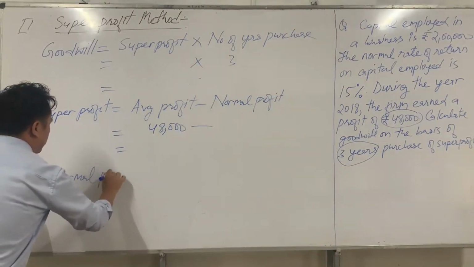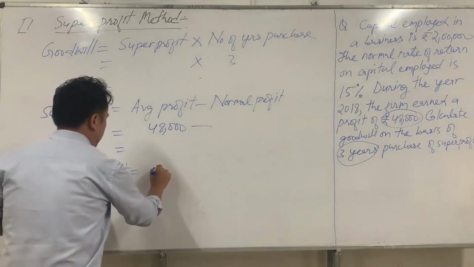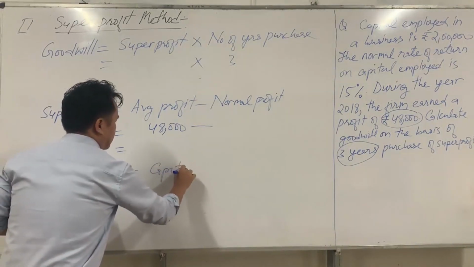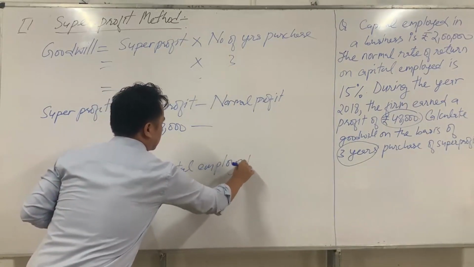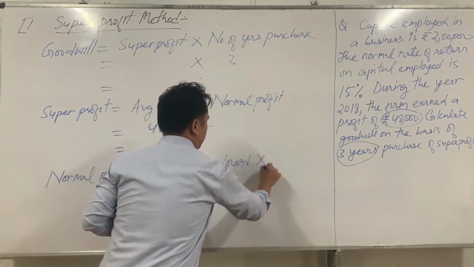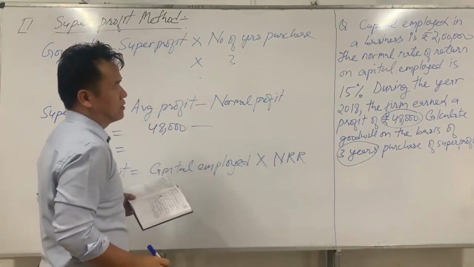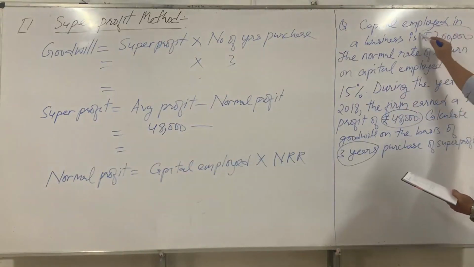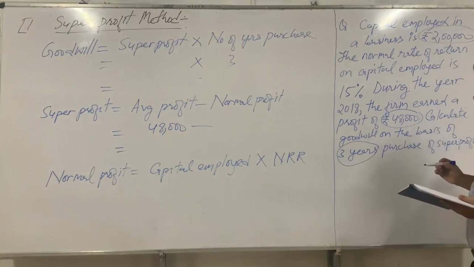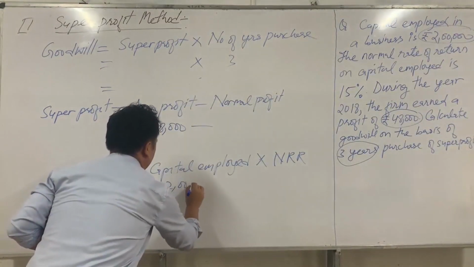Normal profit is equal to capital employed multiplied by normal rate of return. So here the capital invested by the firm is rupees 2 lakh, isn't it? So here we have to write 2 lakh.